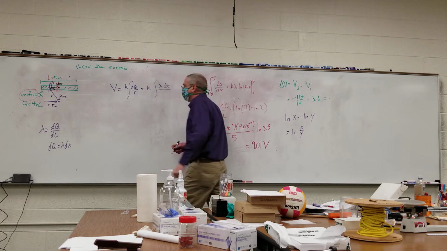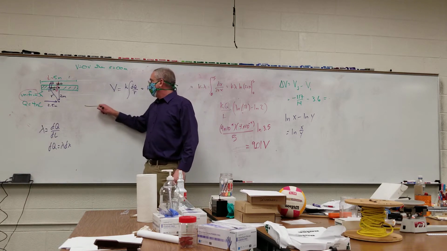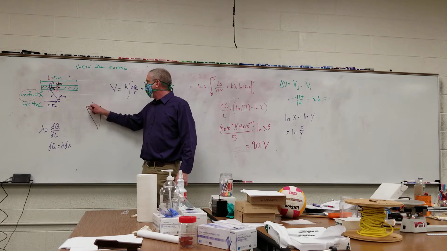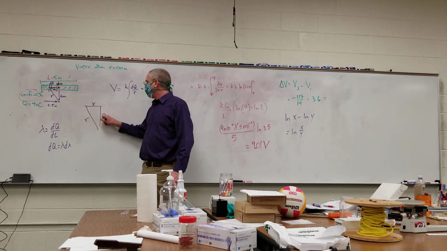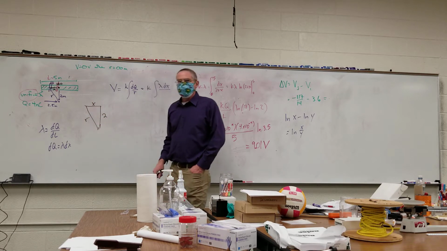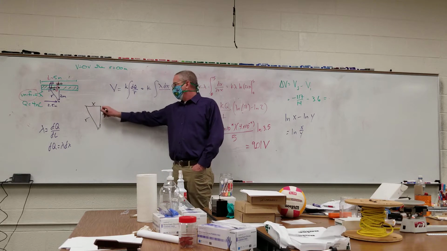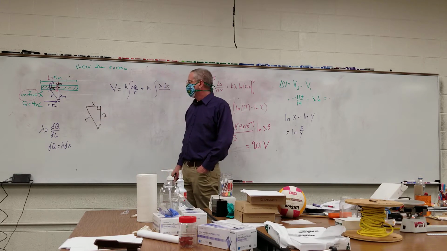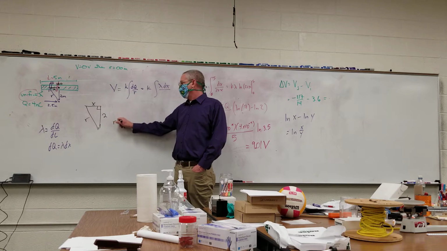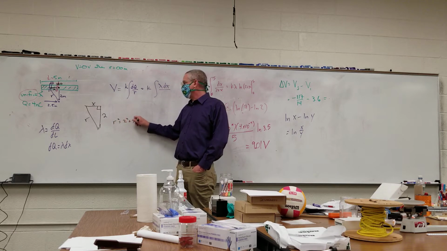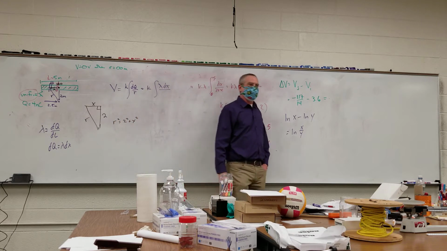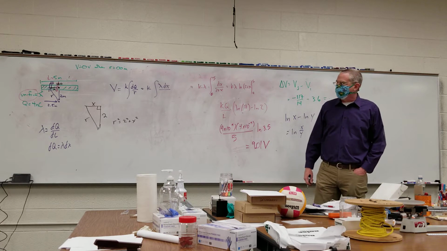All right, so if I look at that triangle, that is x, this is r, and that is 2. That is a right angle. R squared is equal to 2 squared plus x squared. At least the math people have me convinced that is true.